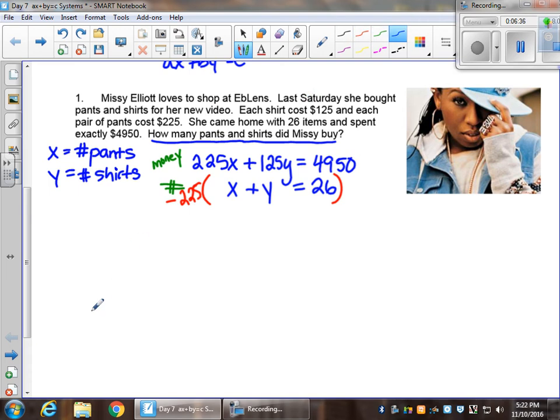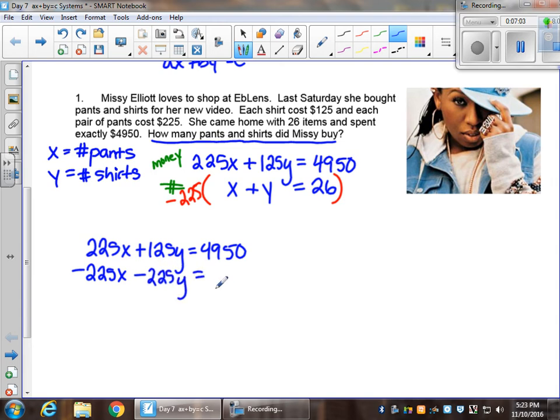So let's see what we get. The top equation is going to stay the same. We're not touching that. What does the bottom equation become? Negative 225 times x is negative 225x. Negative 225 times a positive y is negative 225y equals, and if you didn't get your calculator out yet, press pause, go get your calculator.